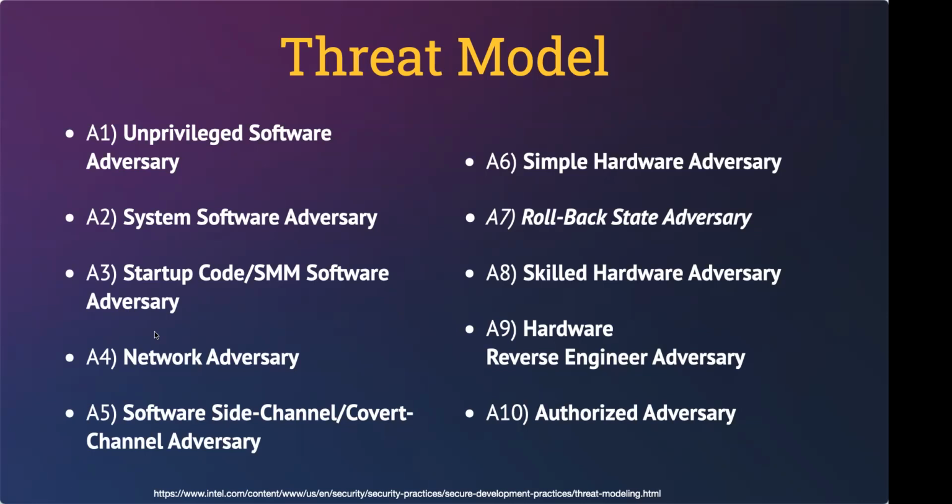You can follow the link at the bottom of the slide, and there you see a set of adversaries that you might want to consider in your systems when you want to protect against adversaries. I will only talk about the first one, the unprivileged software adversary, and the system software adversary today.